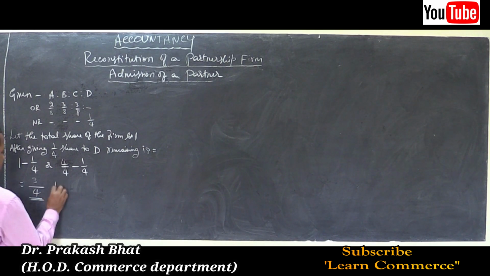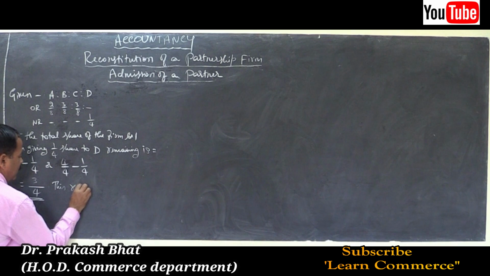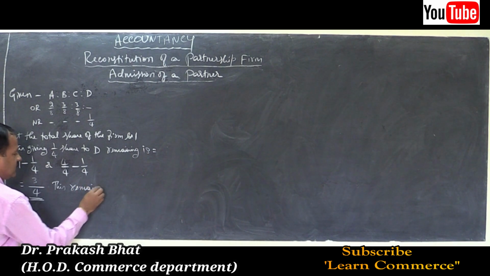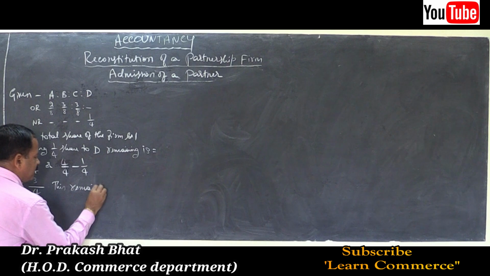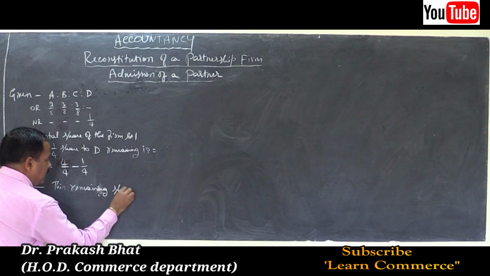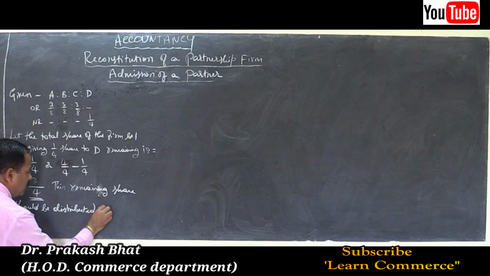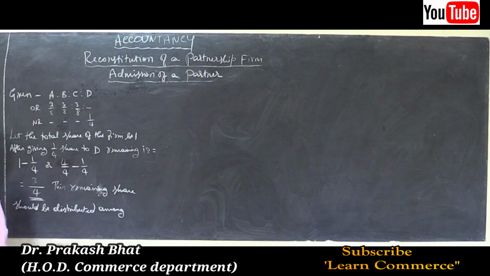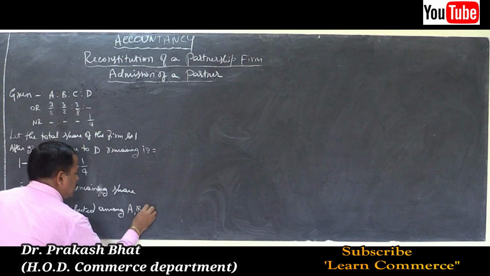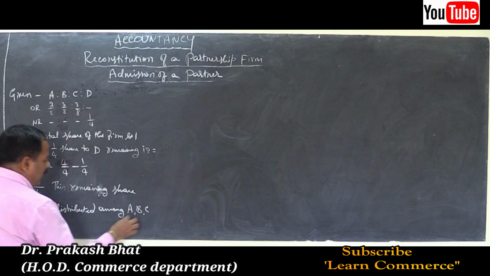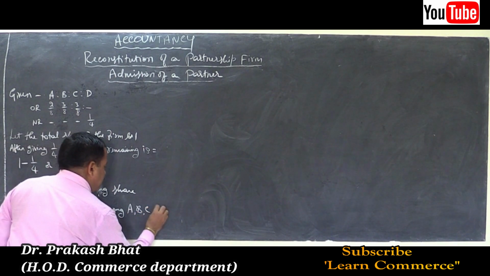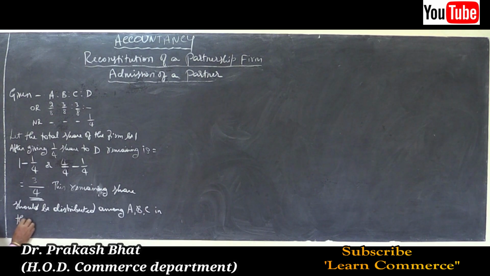This remaining share should be distributed among A, B, C, A, B and C in their old profit sharing ratio.